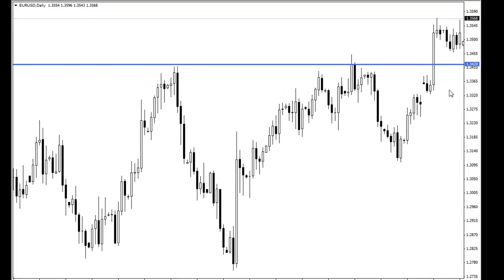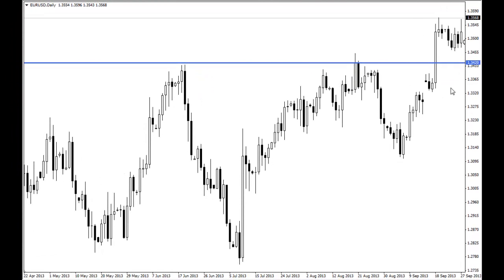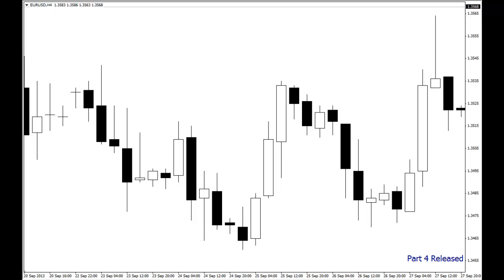And what we're going to do is we're going to draw our chart into a 4-hour basis. Again, that 134.20 level, keep that in mind. Okay, we have the 4-hour chart here. We have market structure breaking here, breaking this high here, coming back down, trading into this previous order block.